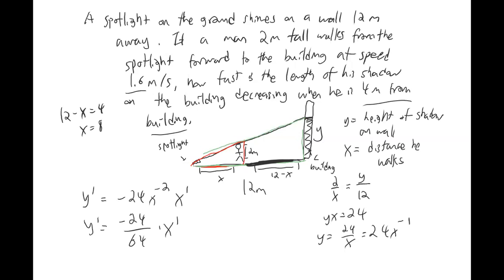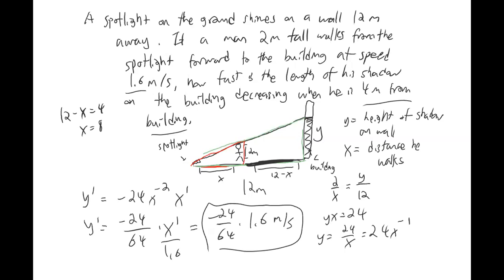Times x prime. Now, what is x prime? x prime is 1.6. So it's negative 24 over 64 times 1.6. What is it? Meters per second. Okay.